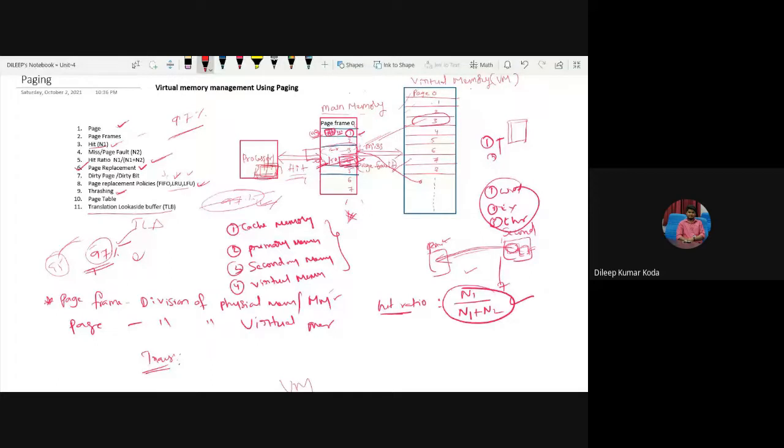So if there is a miss, your processor will go to the virtual memory and get the page. So instead of searching in both the main memory and virtual memory, the processor will hold a small table inside the processor. This small table is called a buffer.